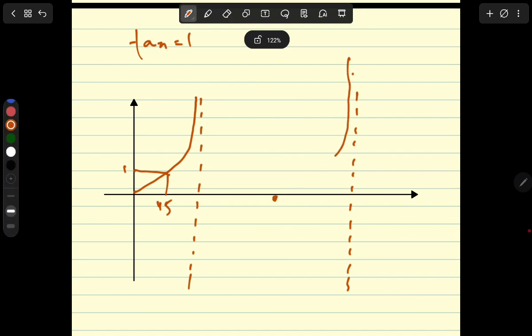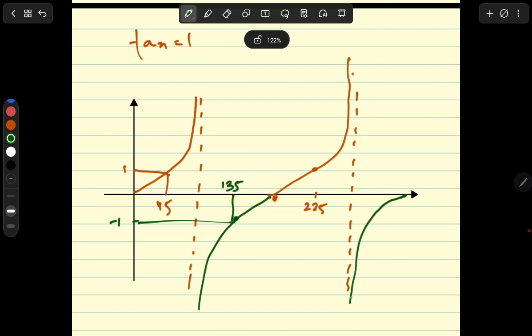I did not do a very good job. It goes like this. So this is at 225, which is 180 plus 45, and it goes like this here, and this is negative 1 at 135, which is 180 minus 45, and similarly it is also negative 1 at 315, which is 360 minus 45.